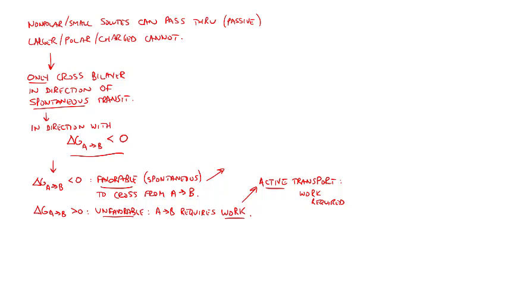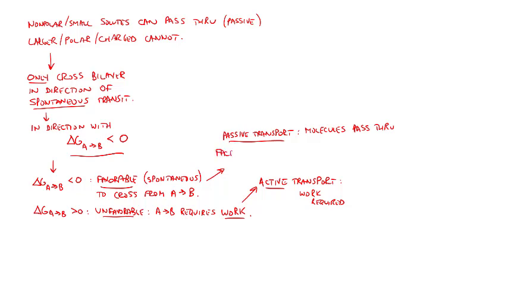Now, if you're moving with the direction that the transit is favorable, if it's favorable or spontaneous to move from side A to side B, we have two other names for that type of transit. We can call that passive transit, which is the case in which the molecule just passes right through.